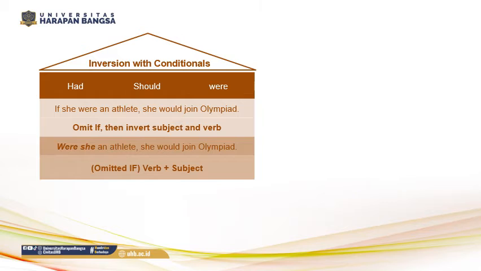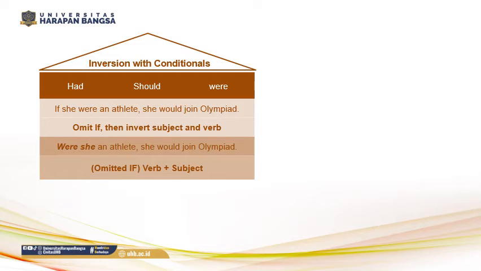Now let's take a look at the pattern for inversions with conditional sentence. So, conditional sentence can be made into inversion when the if clause is using had, should, and were. Remember, if the if clause uses had, should, and were. For example, if she were an athlete, she would join Olympiad.